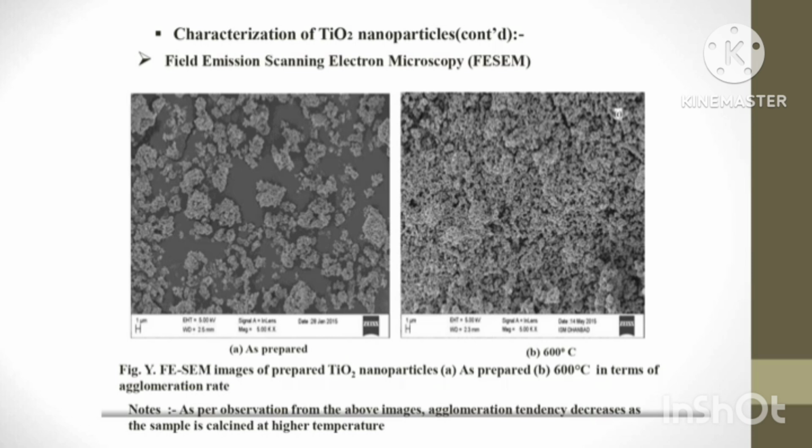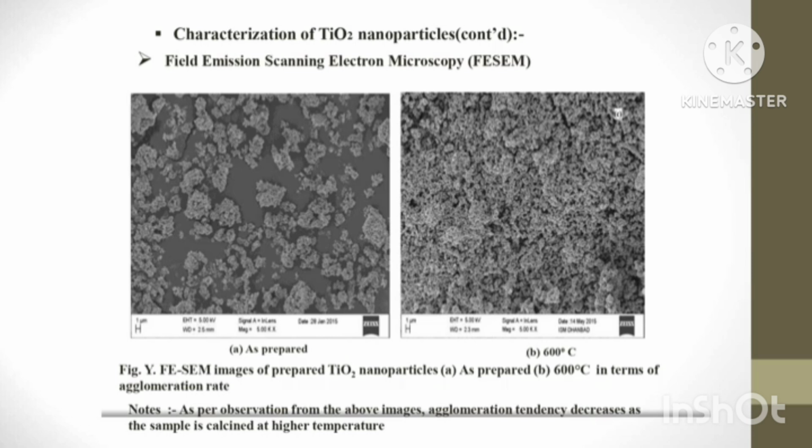Similarly, in figure Y, what it indicates is FESEM images of prepared TiO2 nanoparticles. Now just see the caption, how it is written. A, as prepared, without any modification. B, 600 degrees Celsius, which means the calcination temperature is 600 degrees Celsius.